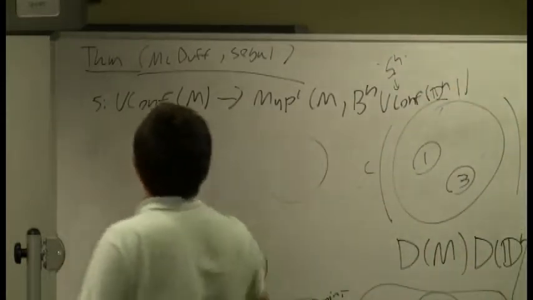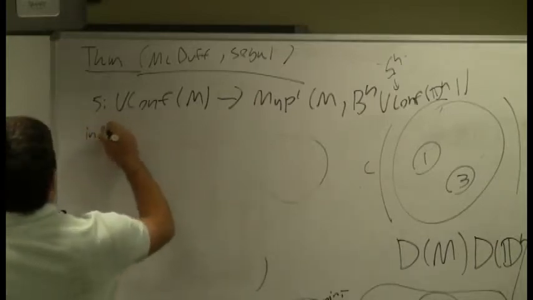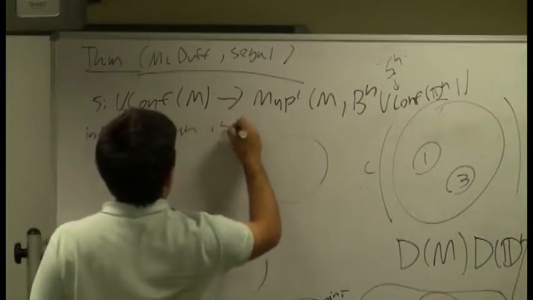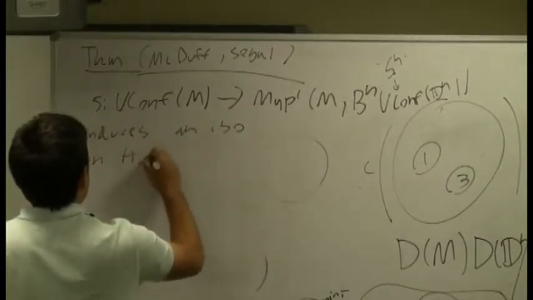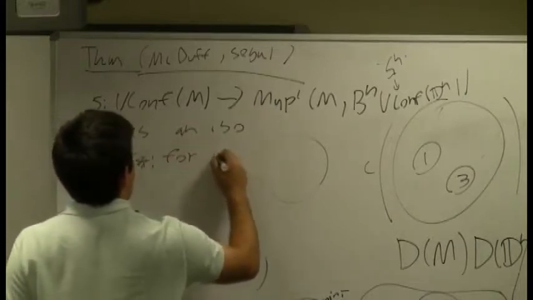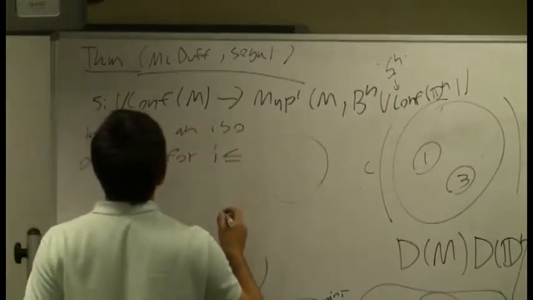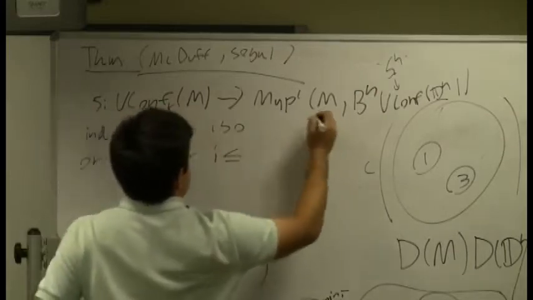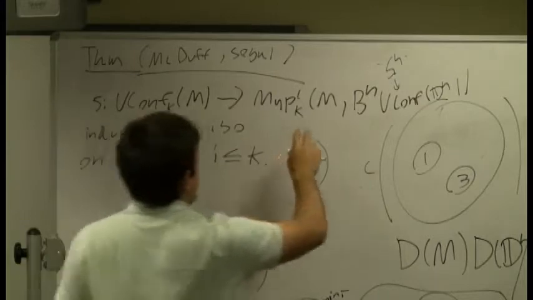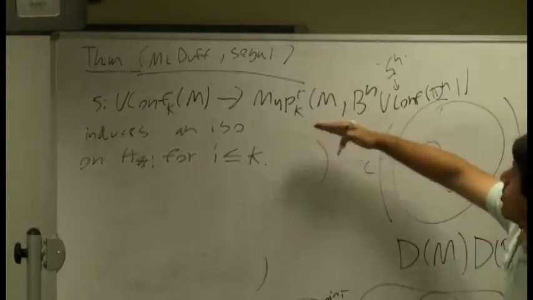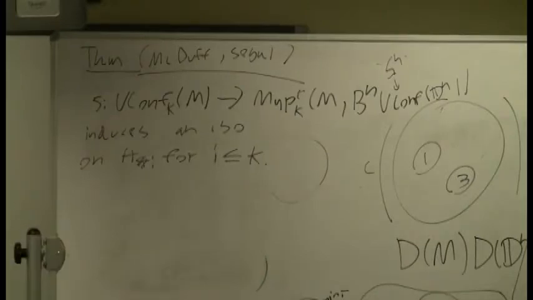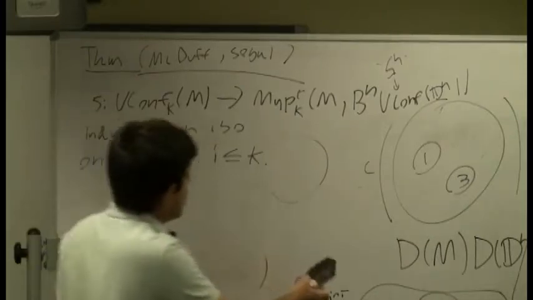It induces an isomorphism on H star, let's say Hi for i less than or equal to K. So here, if you just look at configurations of K points and you look at the component of degree K maps, then the scanning map isn't a homotopy equivalence, but it's a homology equivalence in a range.